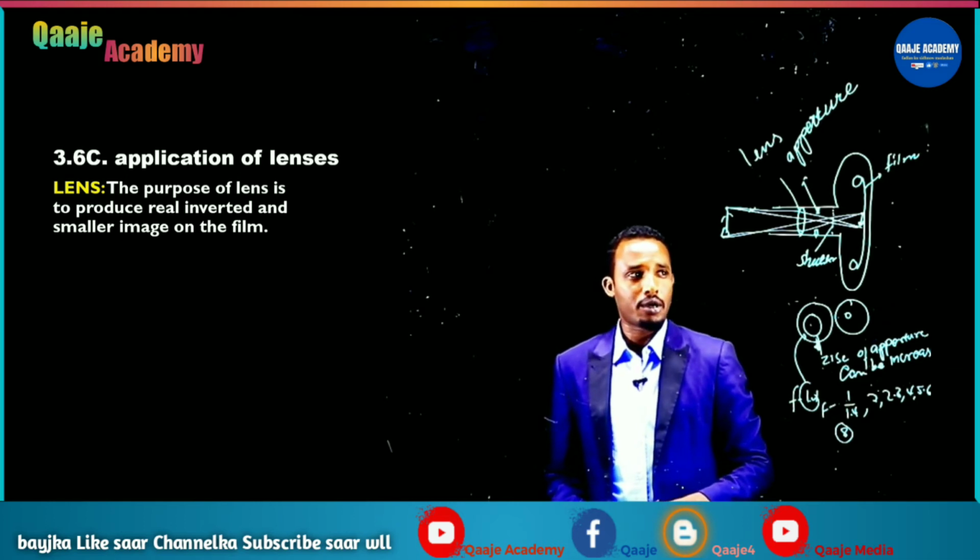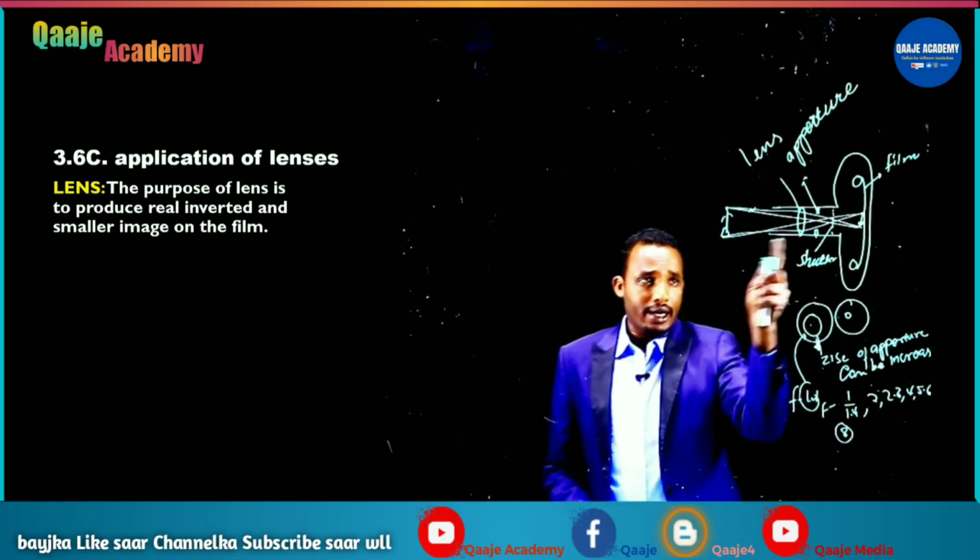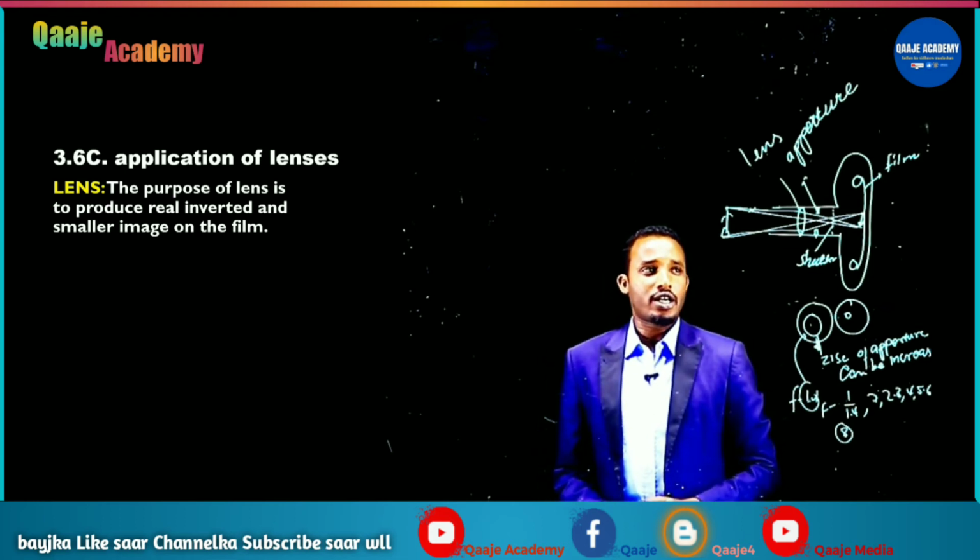at the back of the camera, which is called the film. The position of the lens away from the film can be varied.